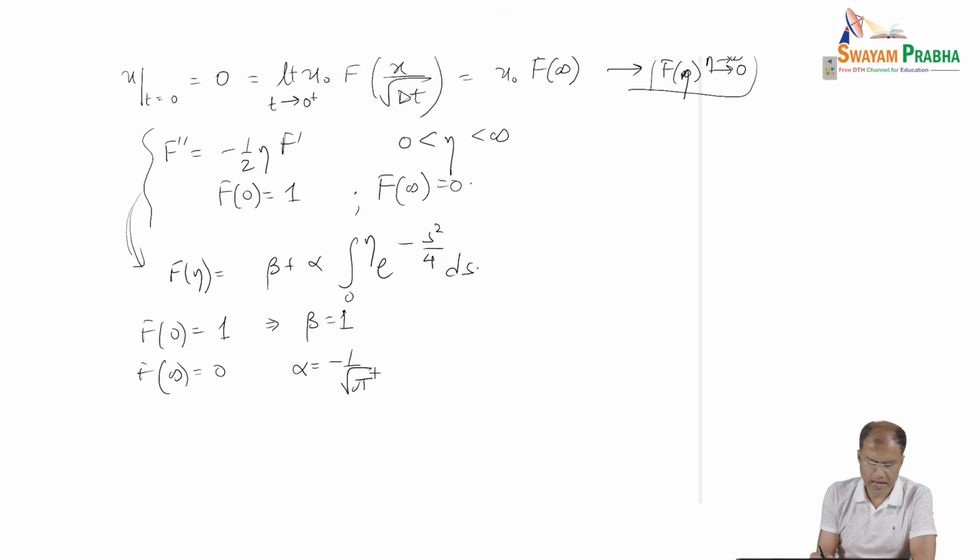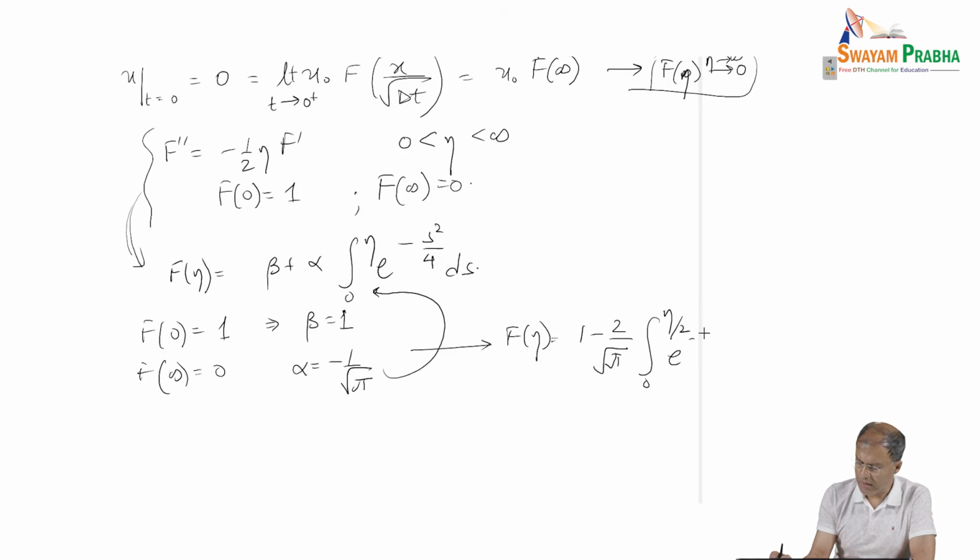And now if we plug it into this form, we find that f of eta comes out to be 1 minus 2 by square root pi integral 0 to eta by 2 of e to the power minus r square dr, or this is also equal to the error function complement of eta by 2, right?